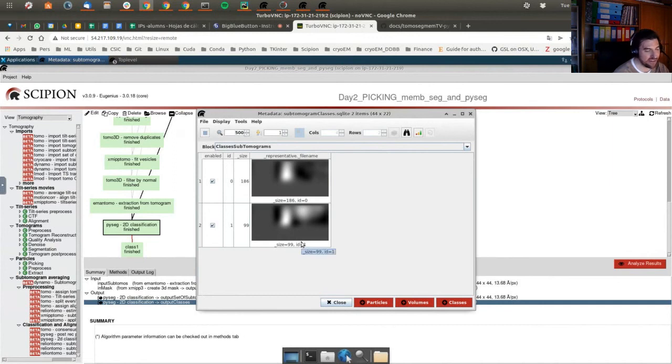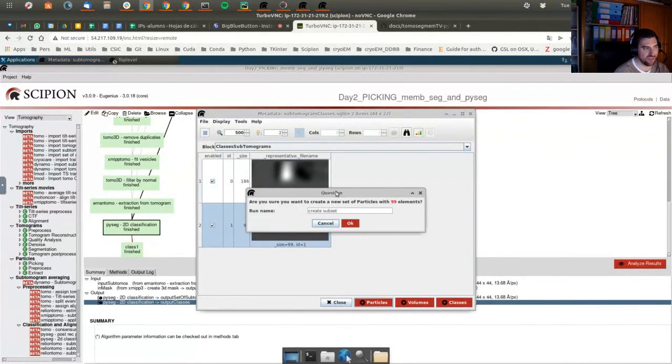And these particles are quite good potential particles for reconstructing our ribosome. So using this viewer, we can select one or the other class and generate a subset which only contains the elements which belong to that class, which is this result.